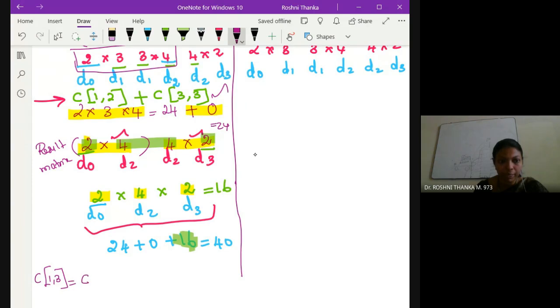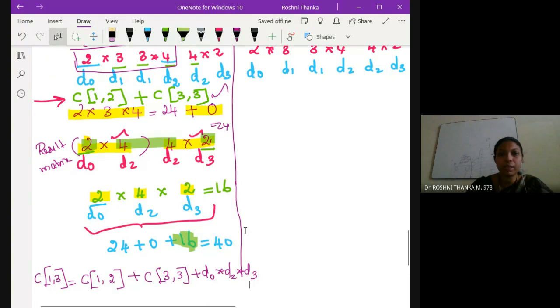First we find the cost of multiplying matrices 1 and 2, plus the cost of multiplying matrix 3, 3, plus D0 into D2 into D3. So finally this is how we got the answer as 40. When we add this with this with this, finally we got 40.